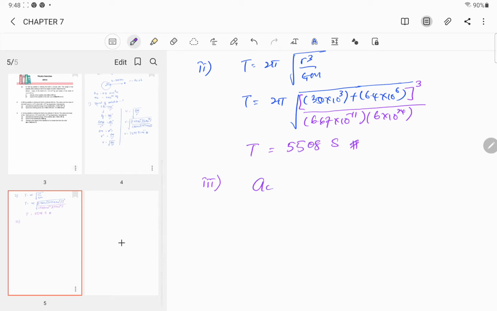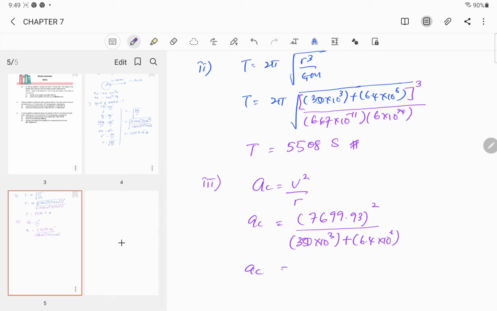Ac is centripetal acceleration, or we can say radial acceleration, which is ac equal to 7699.93 squared over R. Remember, our R is 350 times 10 power of 3 plus 6.4 times 10 power of 6.